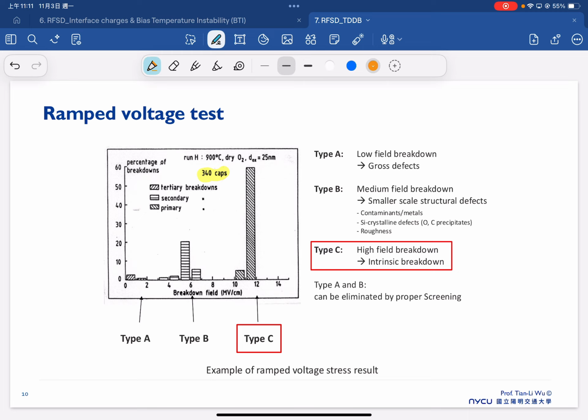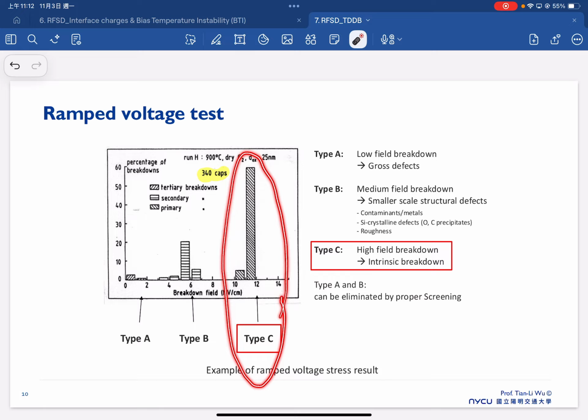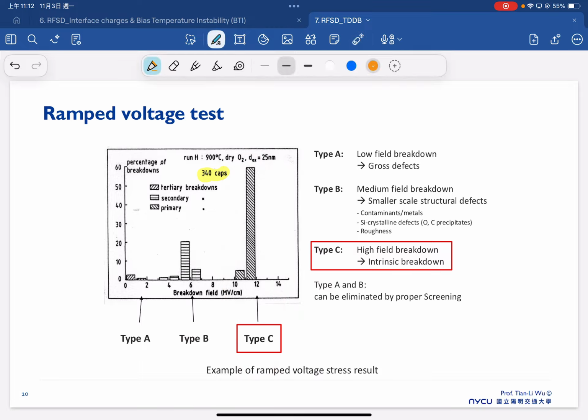In the statistical histogram, you will find there are three different groups. There's a type A breakdown in the very low field, a type B breakdown in the medium field, and a type C breakdown in the high field. So basically we can divide these types and consider them as different reasons for the breakdown.